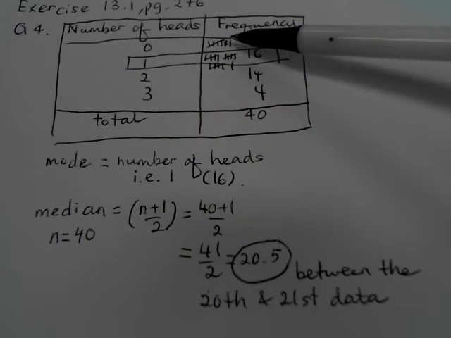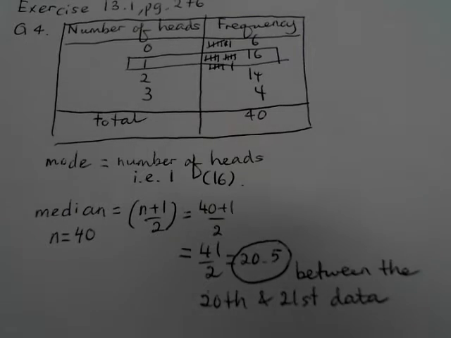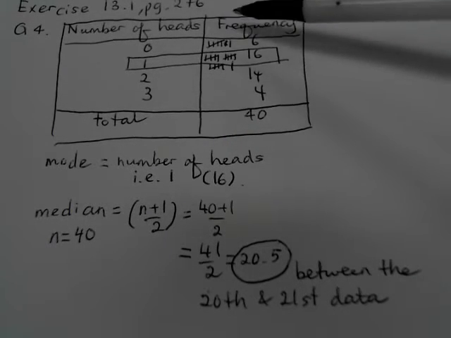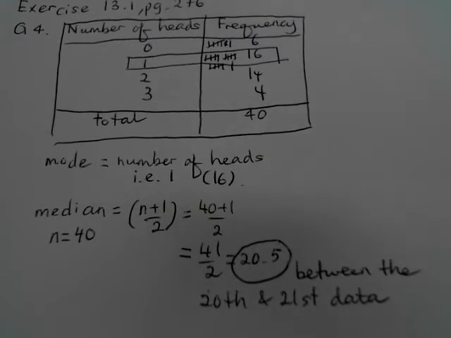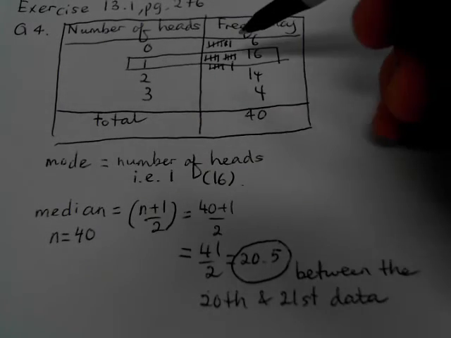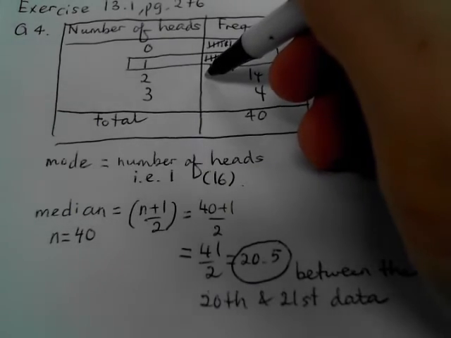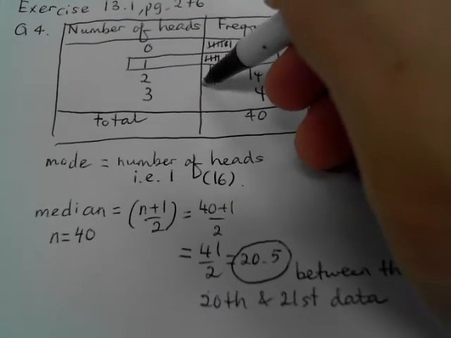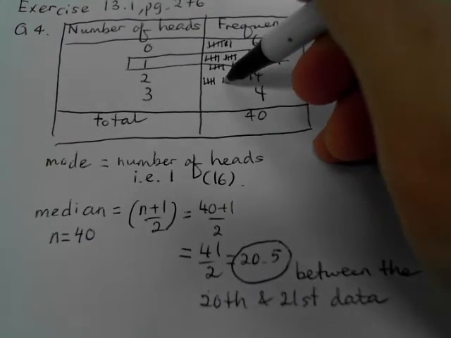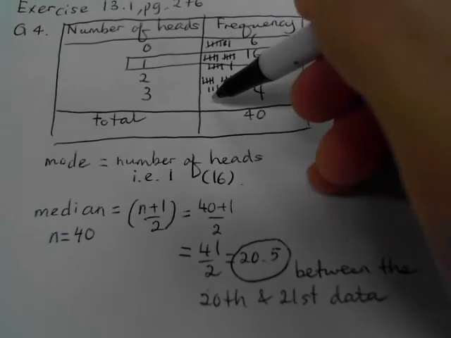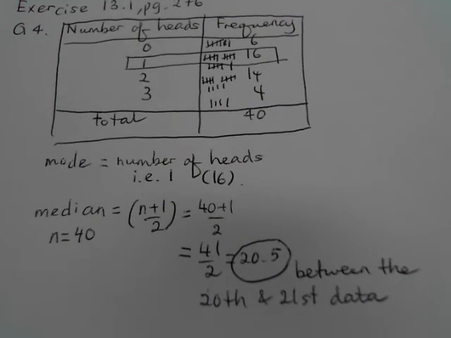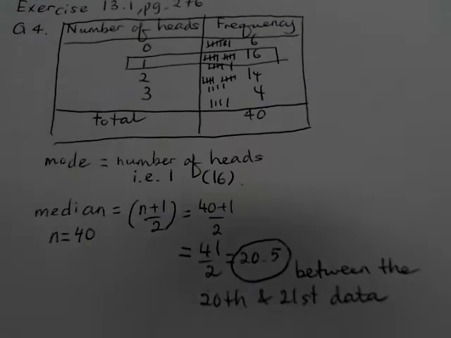So if you do the tallying on the left hand side here, you'll be able to know, oh, okay, 1, 2, 3, 4, 5, and then 6, 7, 8, 9, 10, and you have to find value number 20 and value number 21. That's what you have to do. Very annoying. And 14 as well, 1, 2, 3, up to 14, and of course 1, 2, 3, 4. So we have to count to number 20.